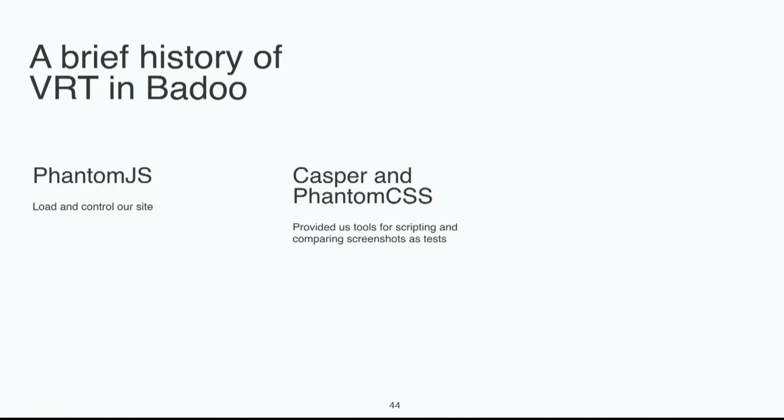However, it was discontinued with the release of Headless Chrome. On top of this, we used to have Casper and Phantom CSS. These provided us utilities to navigate throughout the application and also take screenshots. Casper was especially nice. It gave us an interface with which to write tests, which we could then say passed or failed, and then report back to the user, 50 tests passed, 150 tests failed, you're a bad developer.